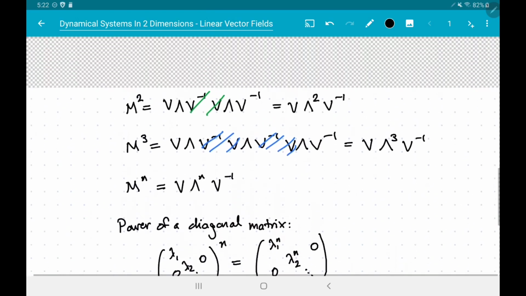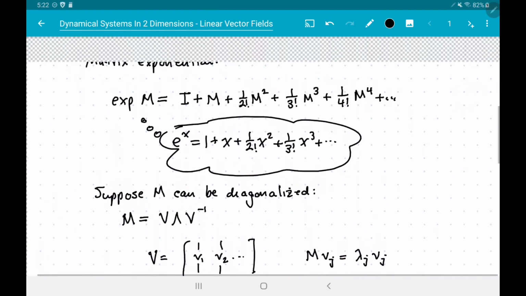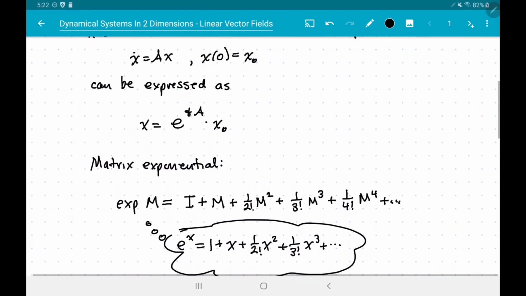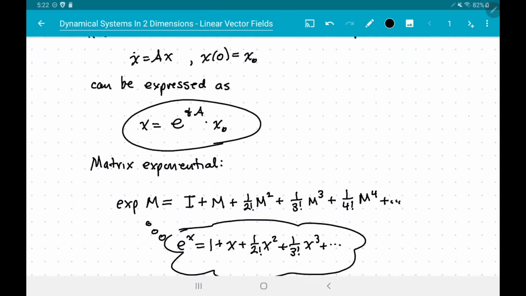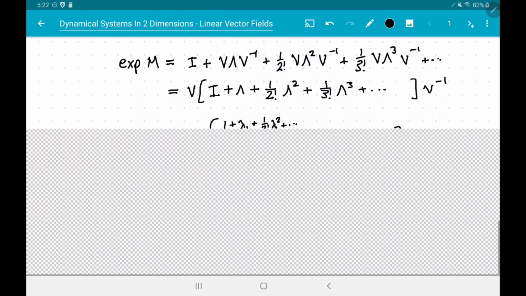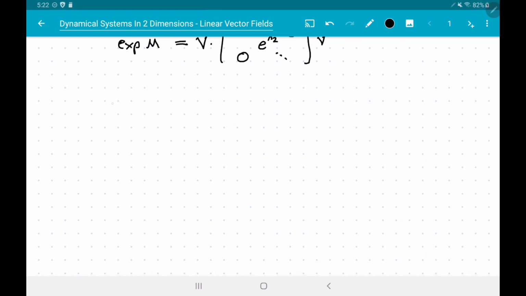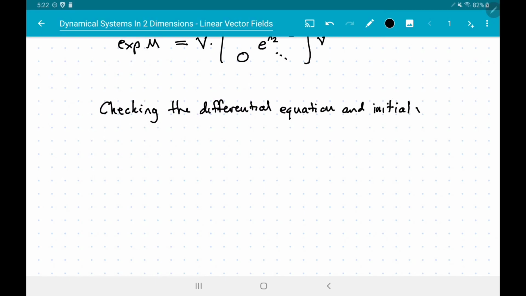So going back to this differential equation, why does e to the ta solve this differential equation? Well, let's just work it out. Checking the differential equation and initial value.